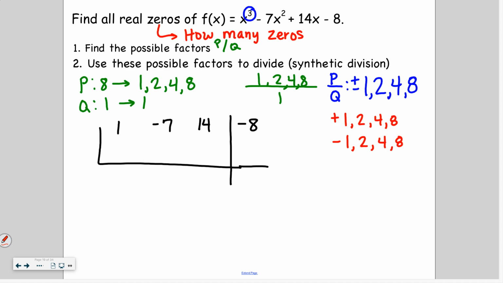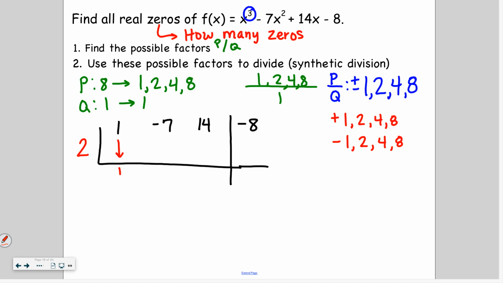So, I'm going to try a positive 2. That's the first one I'm going to try, okay? Now, those can be repeated when you're doing this. I could actually use a positive 2 multiple times. You've seen that in factors when we've got x is equal to the same thing when we factored and solved. But I'm going to try 2.